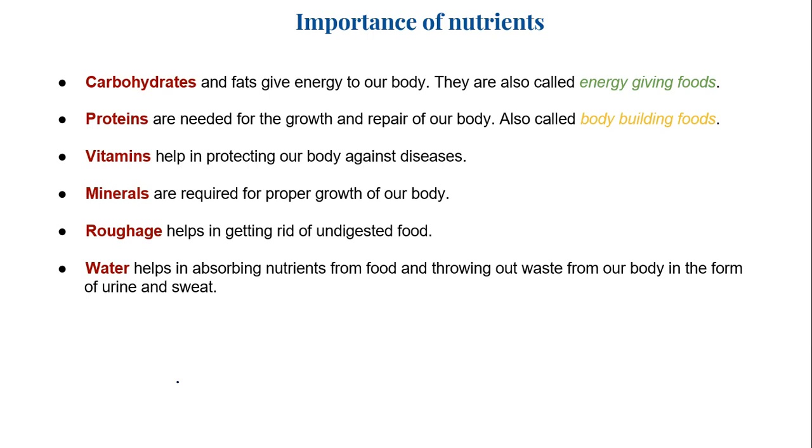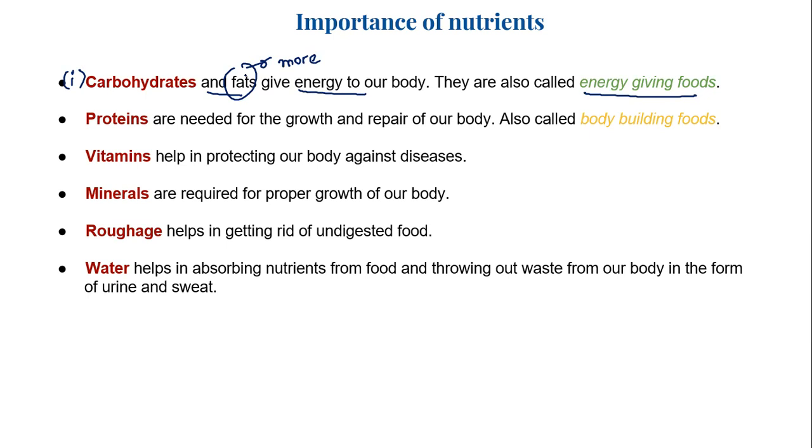Okay, so starting with the first nutrient, that is the carbohydrates. Carbohydrates and fats give energy to our body. Fats, in fact, give more energy than the carbohydrates. So they are also called the energy giving foods.